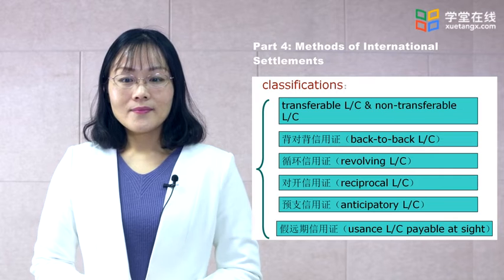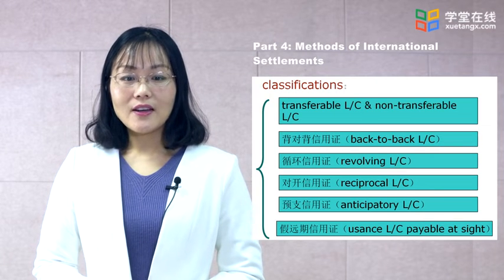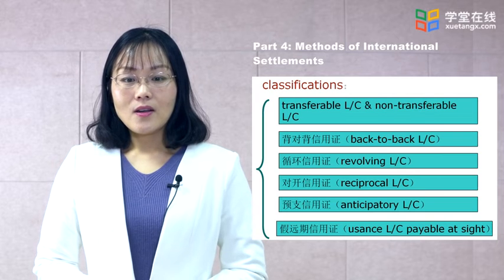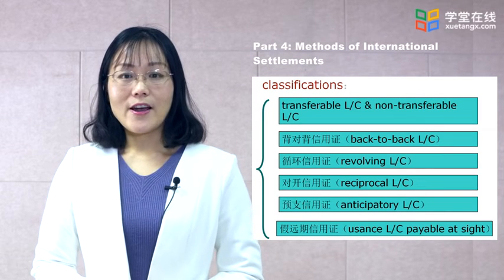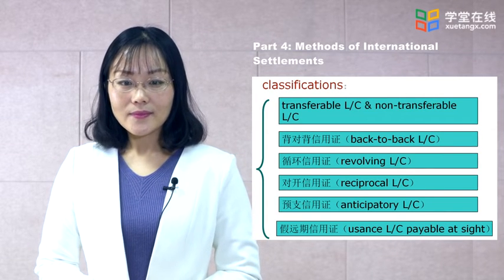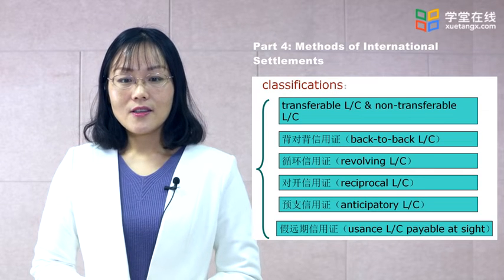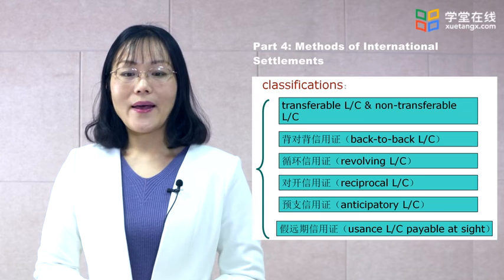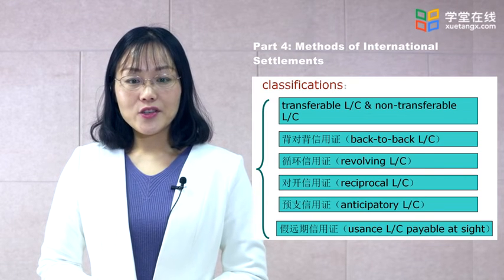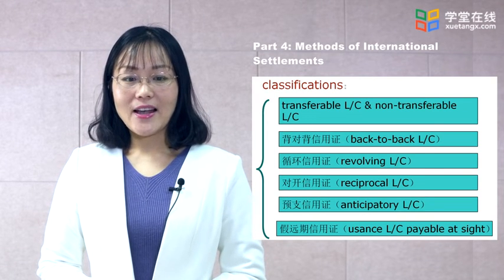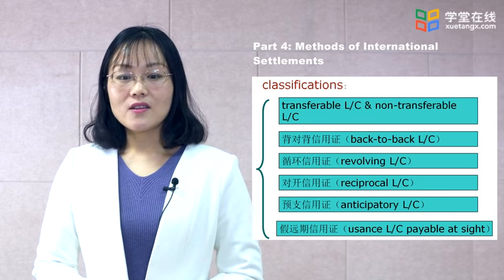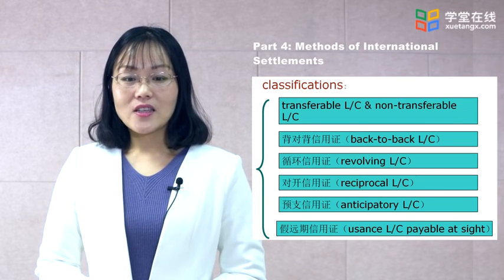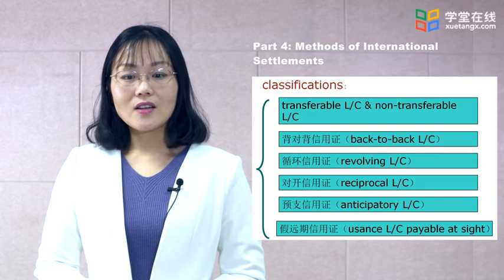The last one is a usance letter of credit payable at sight, also called spurious credit. This credit is a usance credit issued by the issuing bank, which undertakes to pay the beneficiary at sight, provided the required documents are submitted and the terms of the credit are complied with.